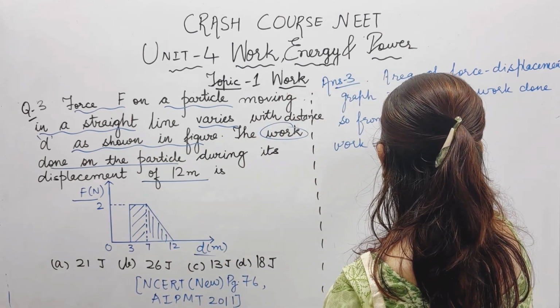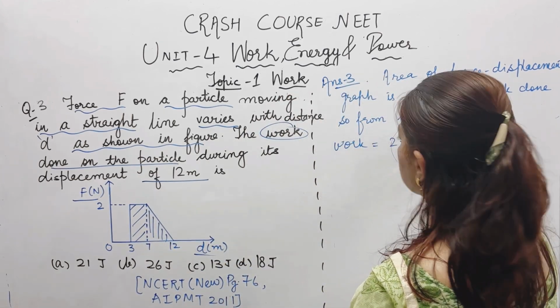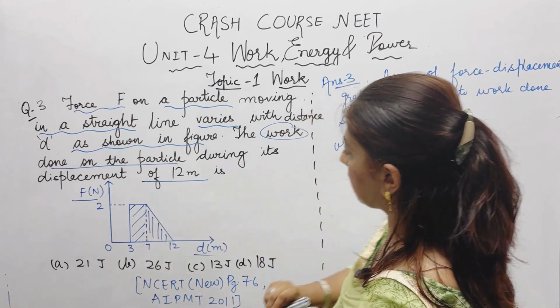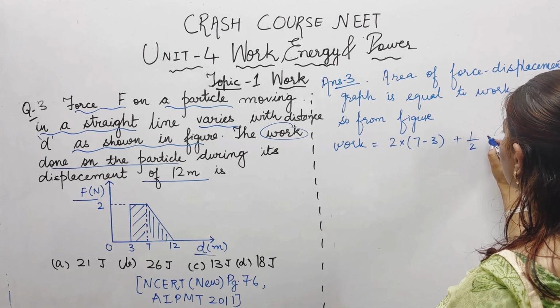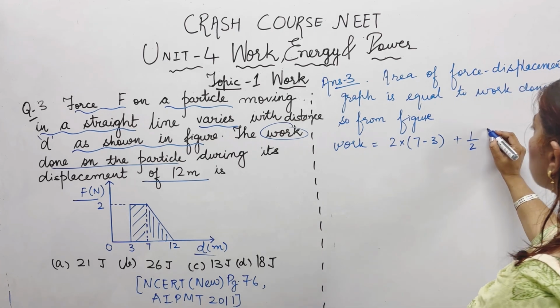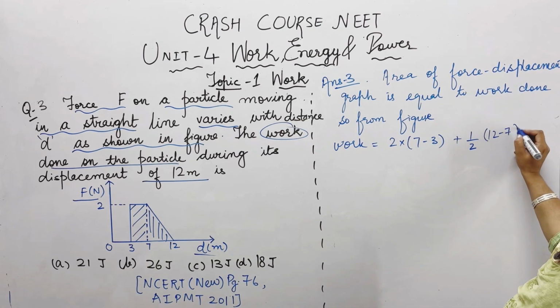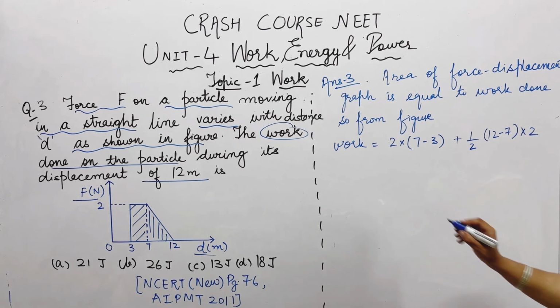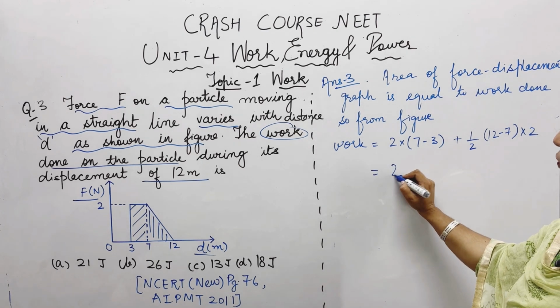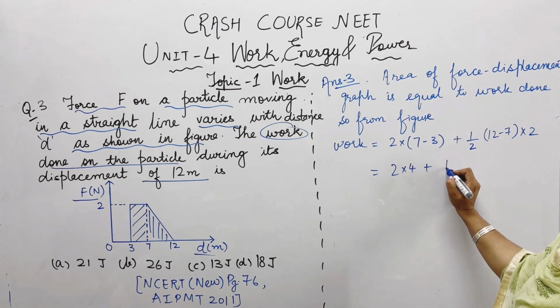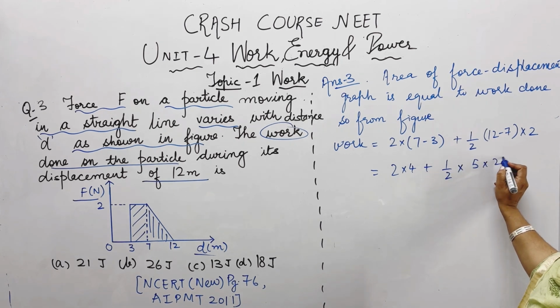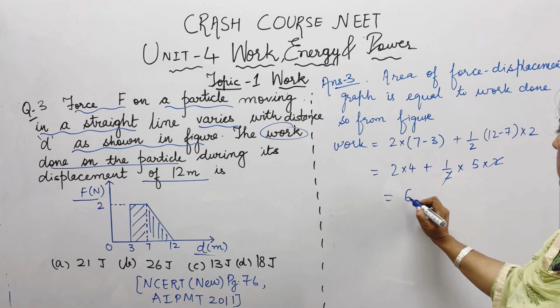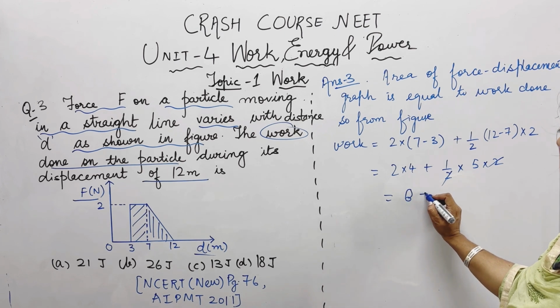So 2 into 7 minus 3 is the area of this rectangle. And then we have a triangle. The formula is half base into height. So base is 12 minus 7 and height is 2. So we will have 2 into 4 plus, so it is 6, 4 to the 8 plus 5.